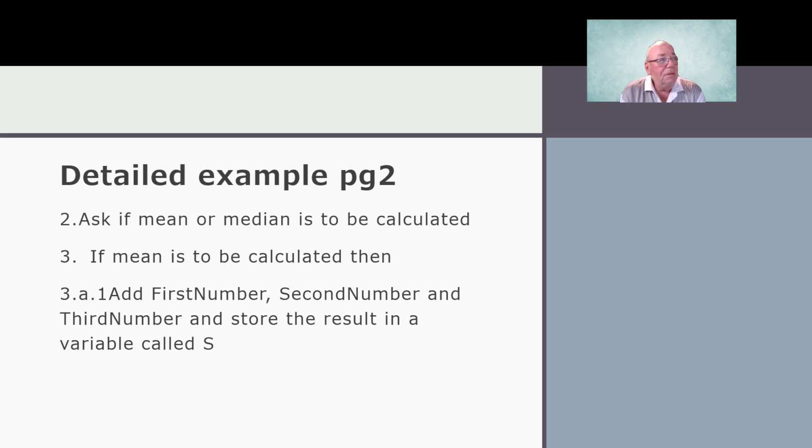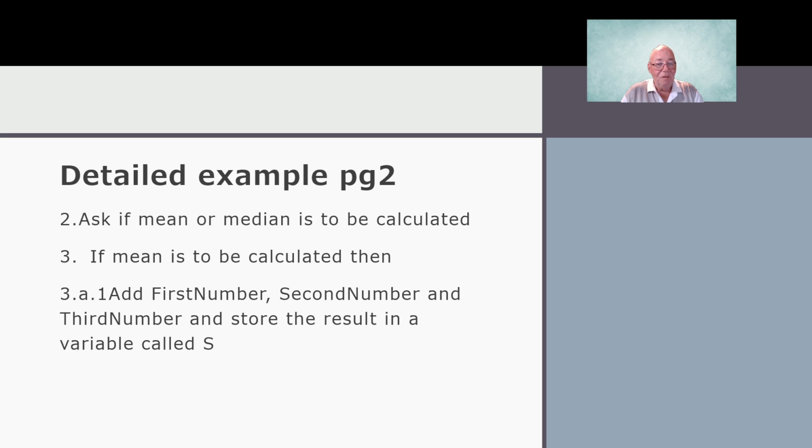And so you notice here, step 3, if mean is to be calculated. So now we're beginning to see the first of our conditionals. We're saying if mean is to be calculated, so that result of the ask is going to go in a variable, and then we're going to use that variable within a conditional statement to determine if they want to do the mean.